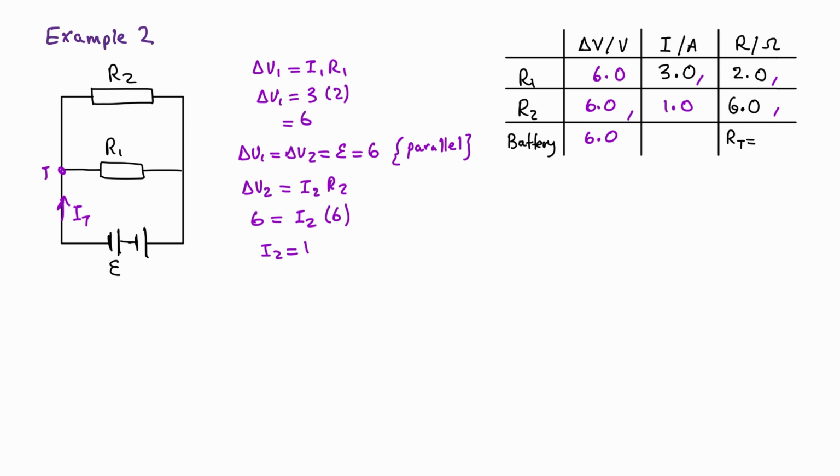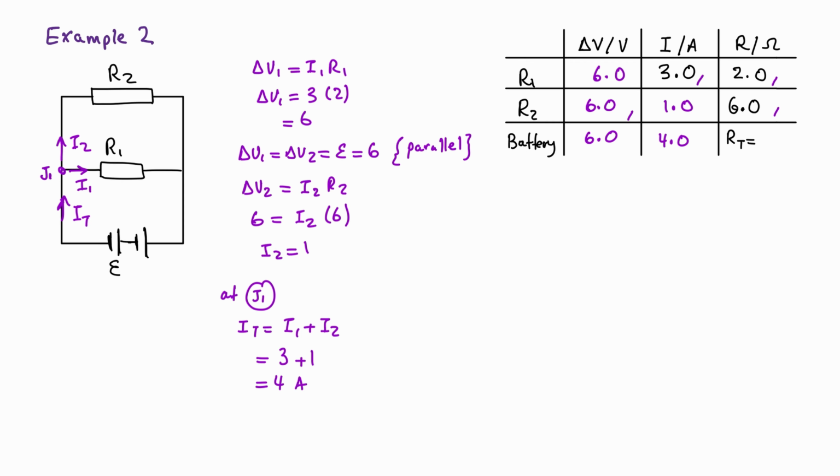It enters junction 1, and I1 and I2 go out. So at junction 1, we got IT is equal to I1 plus I2. That is going to equal I1 is 3, I2 is 1. That's 4 amps here.